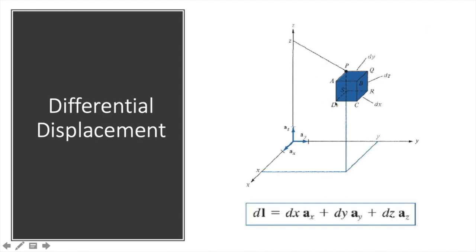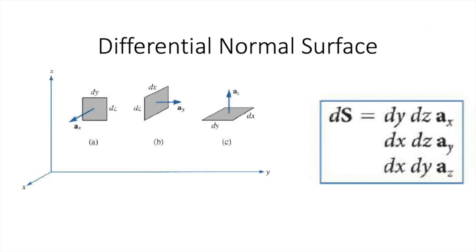If we want to write any surface, how do we write that? That is what we are going to do in this differential normal surface. The complete information of a surface can be given by the magnitude and the direction.